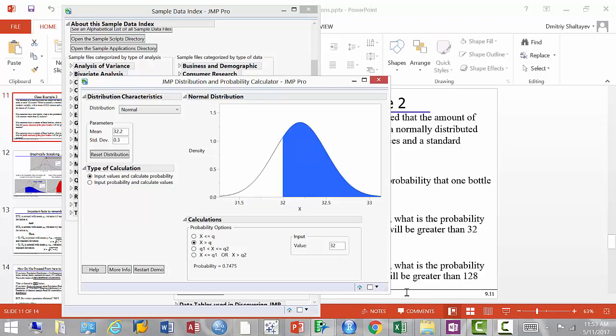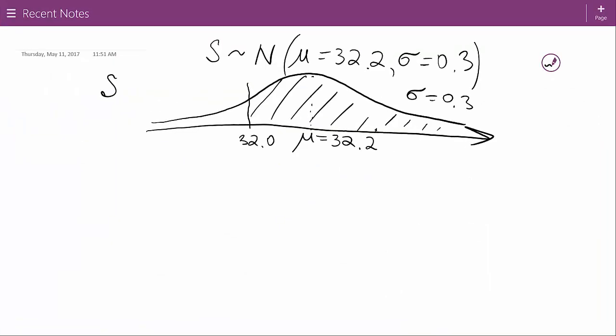Kaboom. So the likelihood of that happening for Christian is 74.75%. He has a pretty good chance to get more than what he paid for, right? Paid for 32 ounces, get something extra. So the probability that in a single selected bottle the amount of soda exceeds 32.0 ounces is 0.7475. Okay, good.